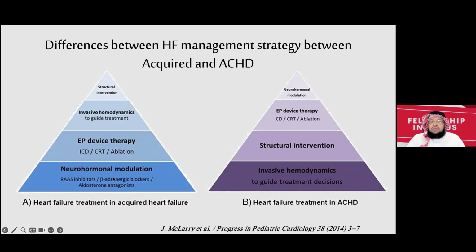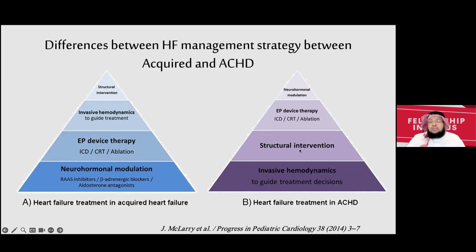For adult acquired disease, they will start with neurohormonal modulation and medication, maybe device therapy, invasive hemodynamics to guide the treatment, and structural intervention.